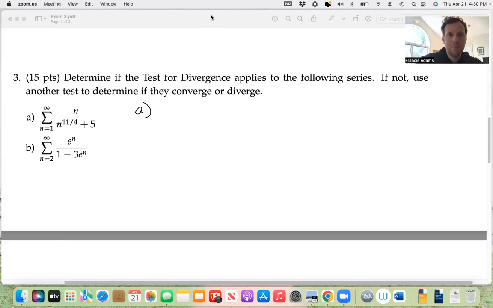And the way that we pick the comparison series is identify the biggest powers on the top and bottom. In here, that's not such a big deal. There's a 1 there, and then there's 11/4.